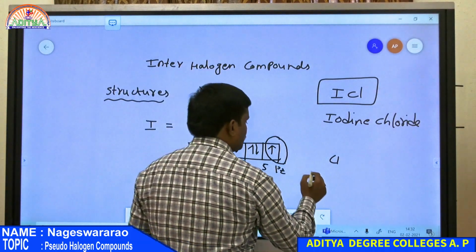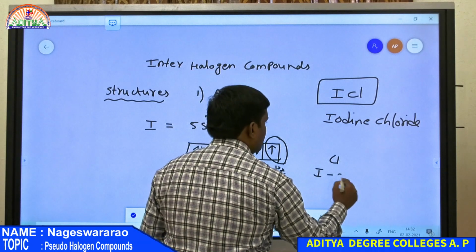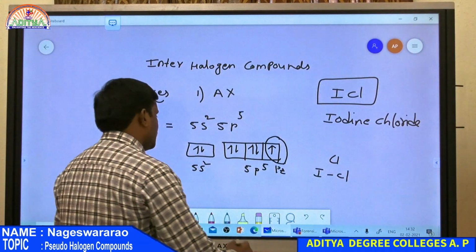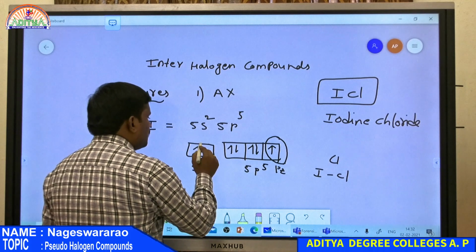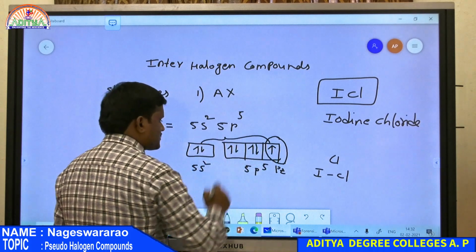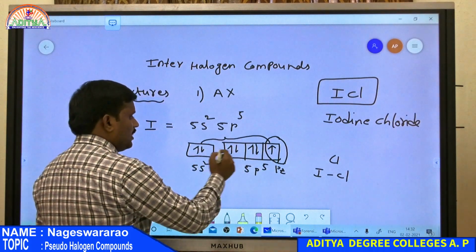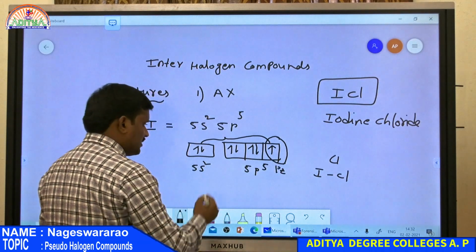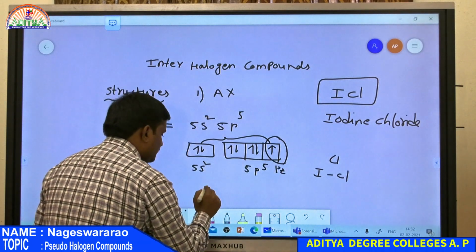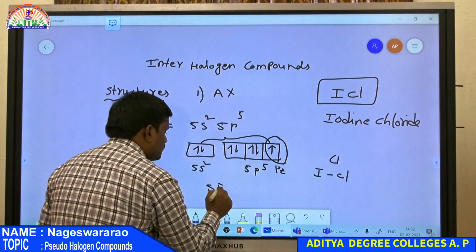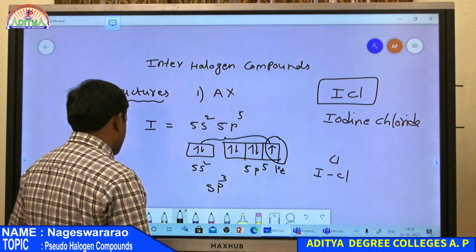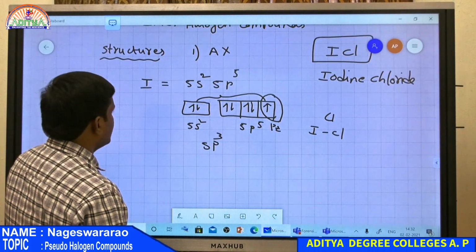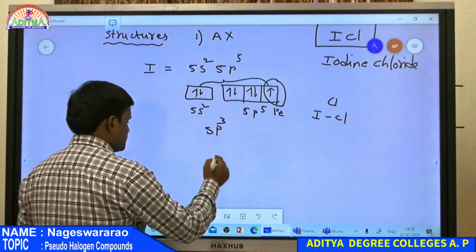So there exists a sigma bond between iodine and Cl. Here one s orbital as well as 3 p orbitals are involved in the bond formation. Therefore it undergoes sp3 hybridization.